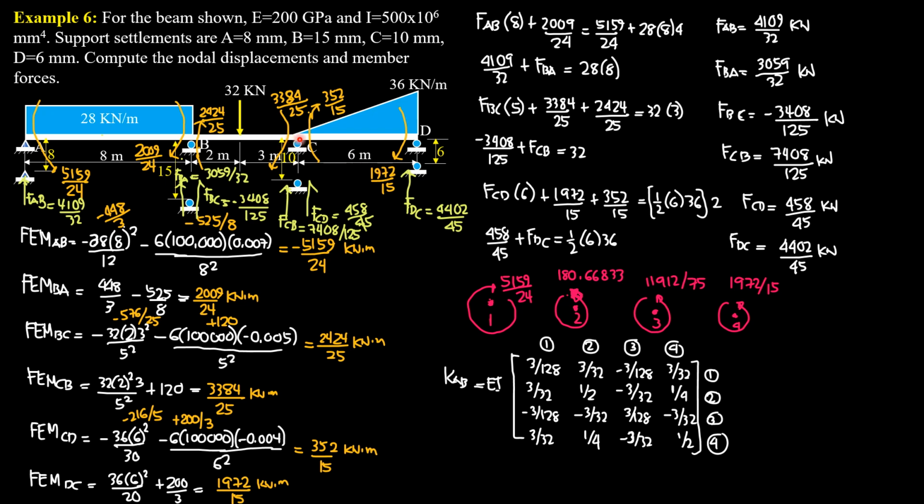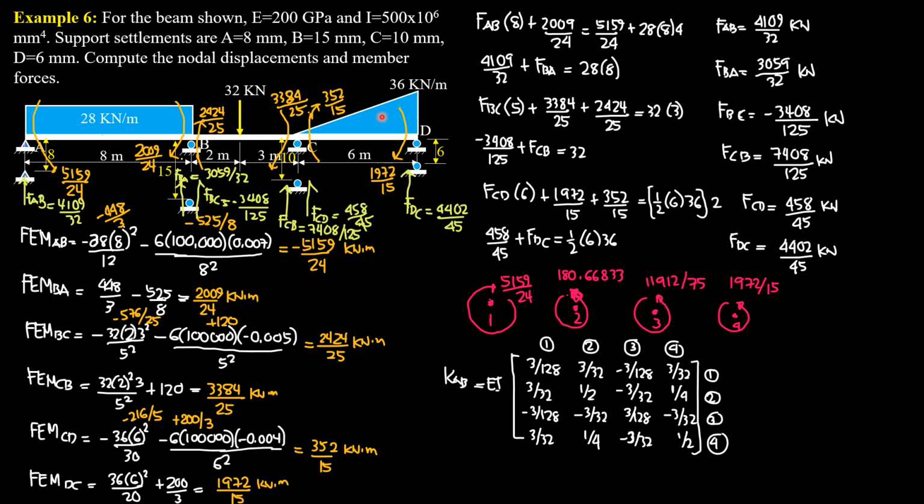At node 3, which is C, 3384/25 plus 352/15, that's clockwise. So the nodal load is counterclockwise, and the value is 11912/75. That's the net fixed end moment at C.